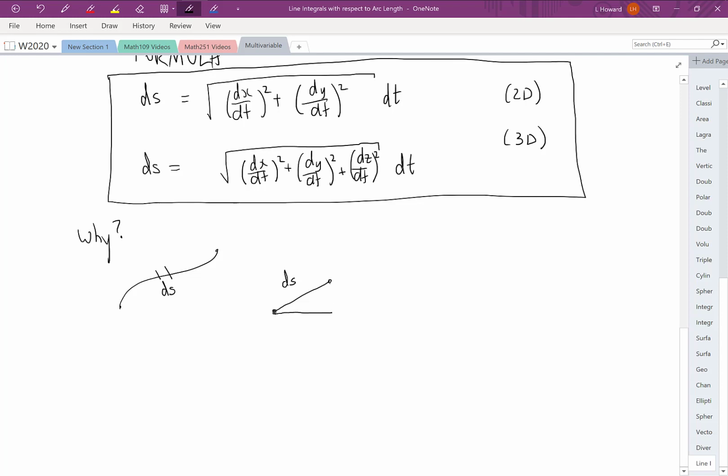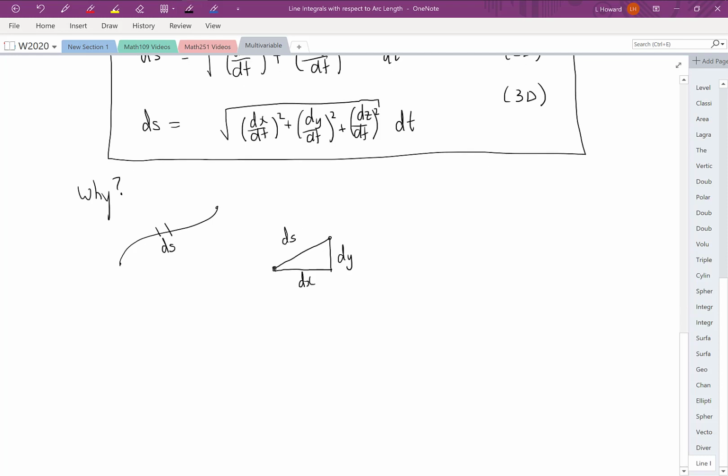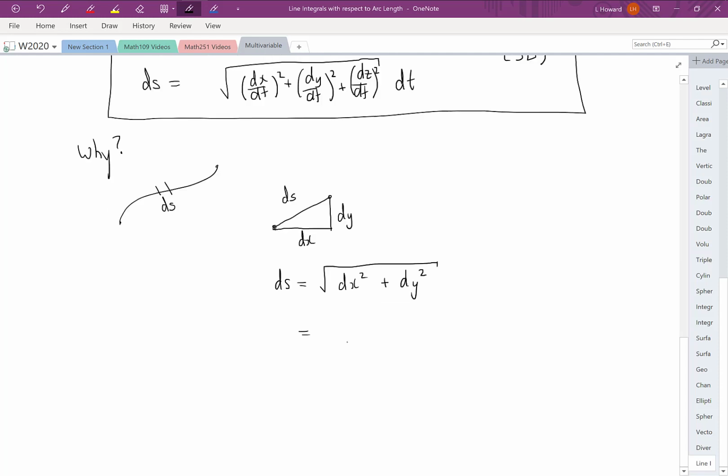And that ds includes a little bit of change in the x direction and a little bit of change in the y direction, which we'll call dx and dy. So by the Pythagorean theorem, we could say ds is going to be the square root of dx squared plus dy squared. So we could take this quantity and we could multiply it by dt over dt.